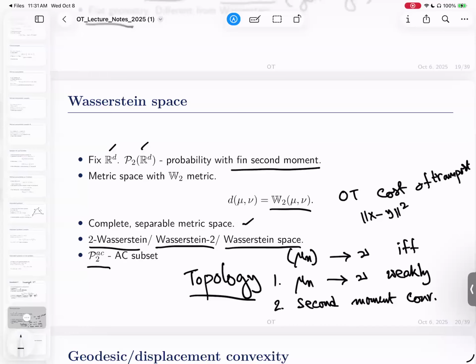This metric is, of course, abstract. But we would like to know when there is convergence, the topology, which is weaker than the metric. And there's a very useful characterization of the topology. mu_n converges to nu if and only if three things happen: you have convergence in distribution, and then there's convergence in mean, and convergence in variance, or covariance.